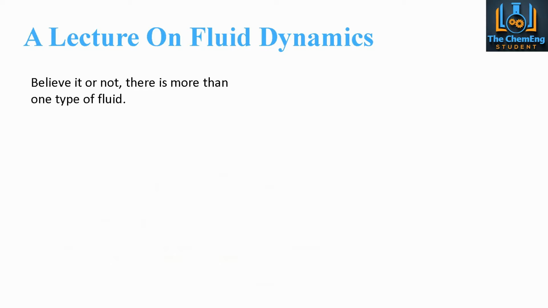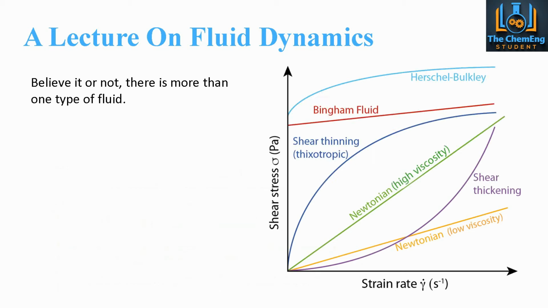Now, as I said previously, believe it or not, there is more than one type of fluid, and we actually have several different types. The ones we are most familiar with are Newtonian and non-Newtonian fluids, which you should recognise right away.